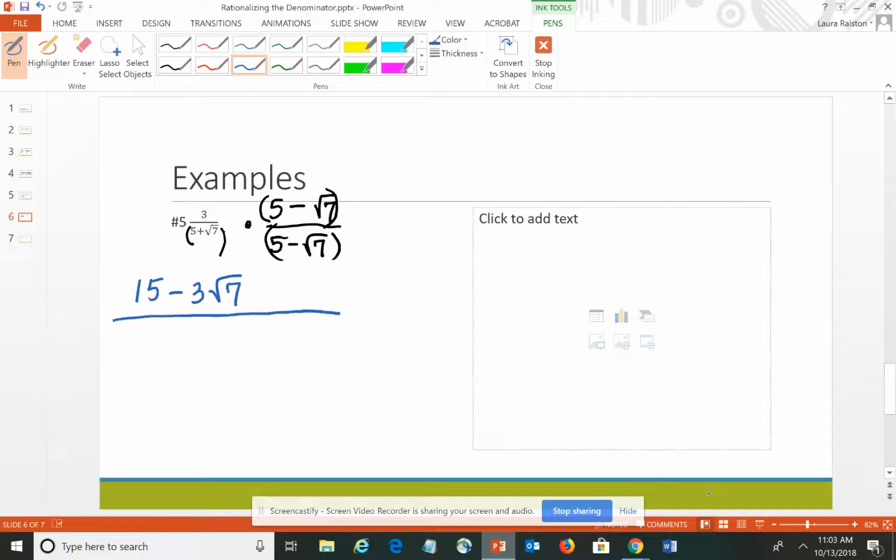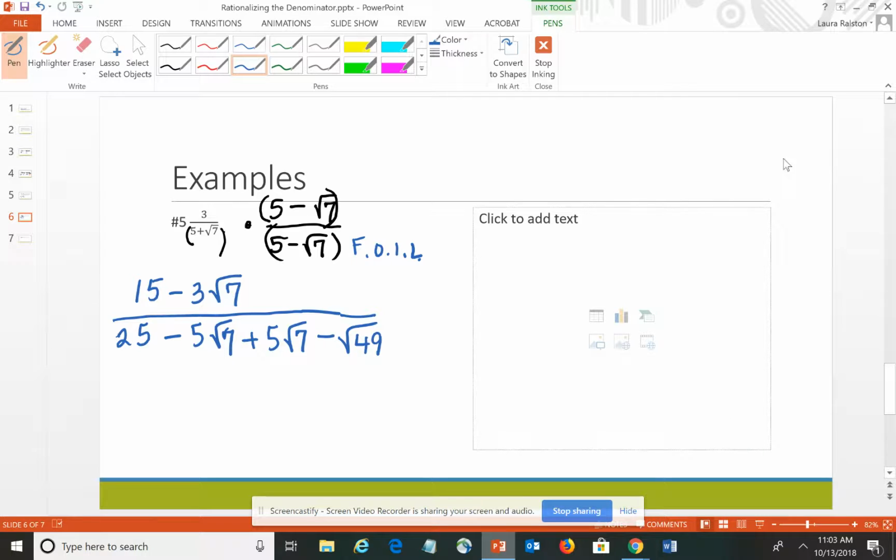In the denominator, we use a technique called FOIL. When you have 2 terms times 2 terms, we do first, outside, inside, last. So we have 5 times 5, which is 25. 5 times minus square root 7 is minus 5 square root 7. Square root 7 times 5 is positive 5 square root 7. And then minus square root 7 times square root 7 is minus square root 49.